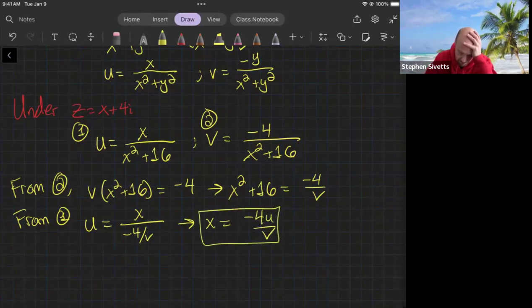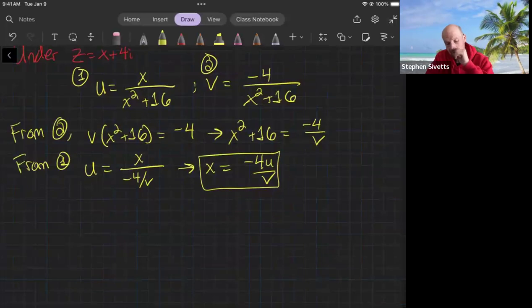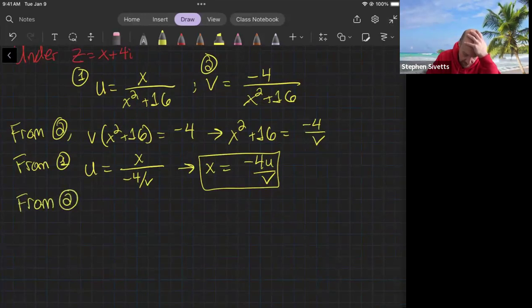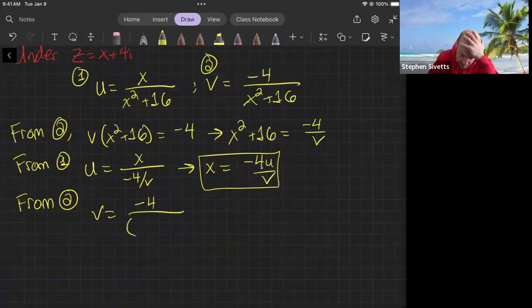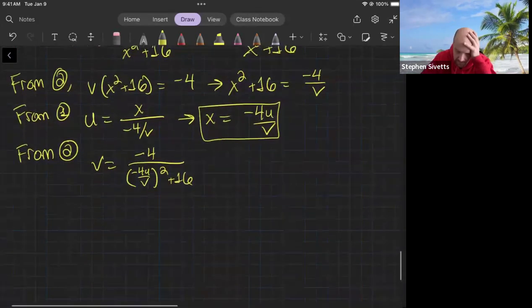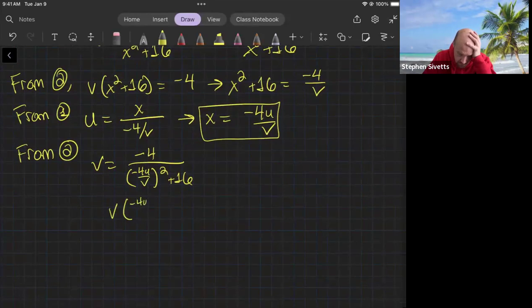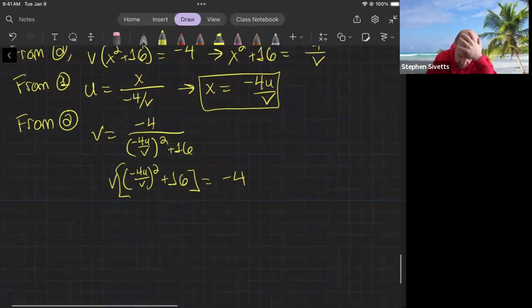That's a good thing. Therefore, if we substitute that value back into the second equation, we get v equal to minus 4 divided by minus 4u over v, squared, plus 16. So we'll have v times minus 4u over v, squared, plus 16 equals minus 4.